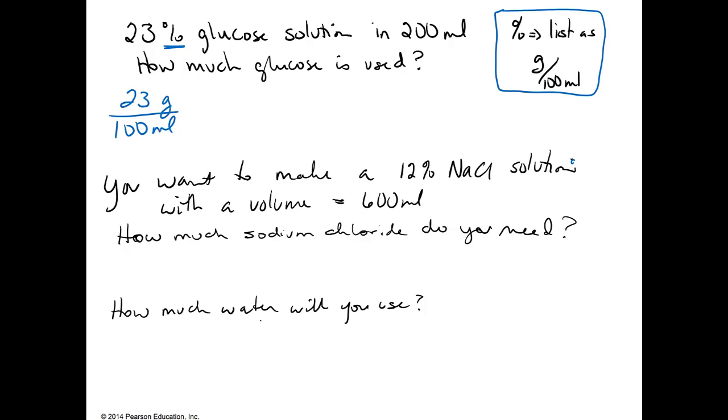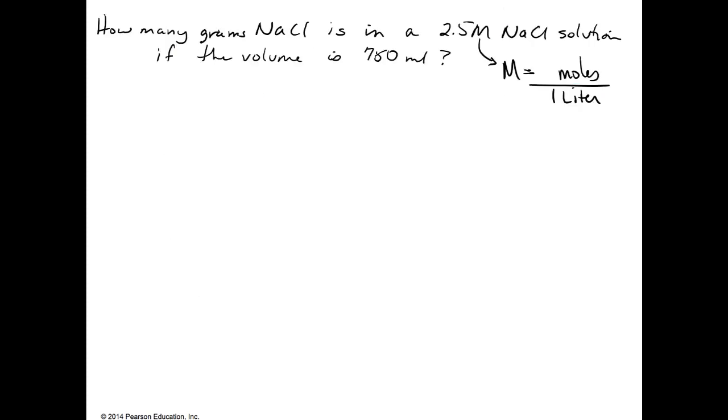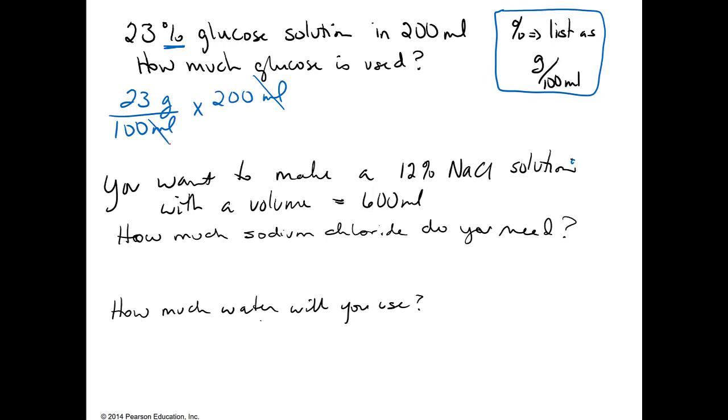But I didn't make 100 mils, I made 200 mils. So if you multiply it times the volume, milliliters and milliliters are the same. So you don't have to do any kind of unit conversion. These will just cancel out. Multiply everything across the top, divide by anything in the bottom.